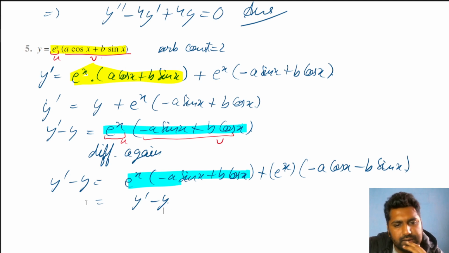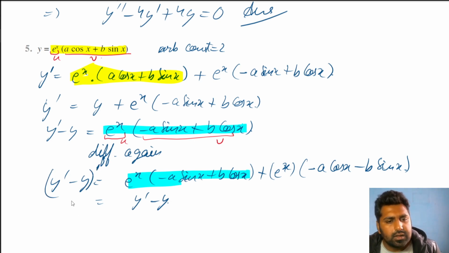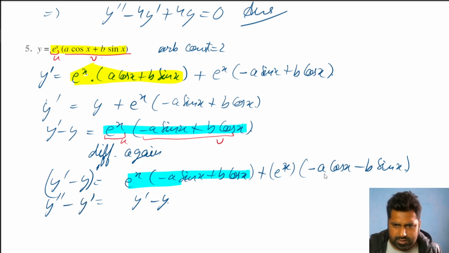Then y dash will cancel, y also gets cancelled. It will not work. Yes, we missed something. I had to differentiate this. So that means this is y double dash minus y dash. Now it's okay.